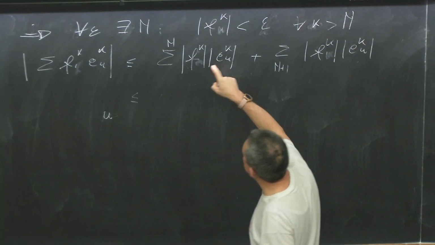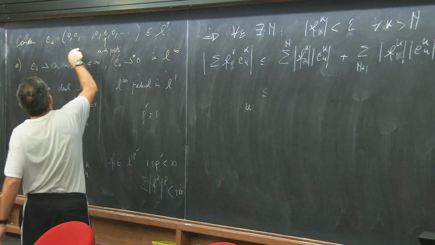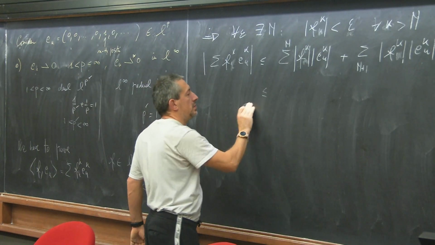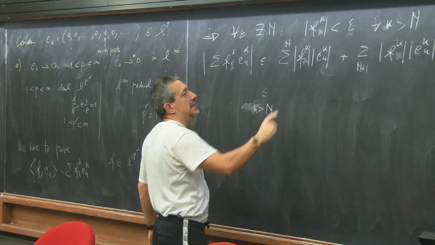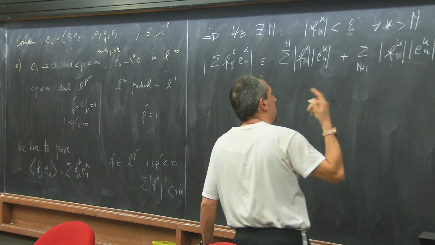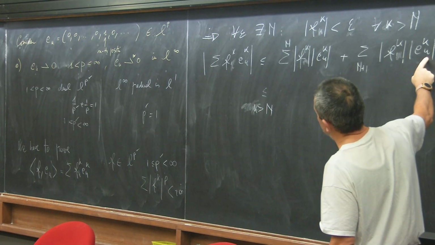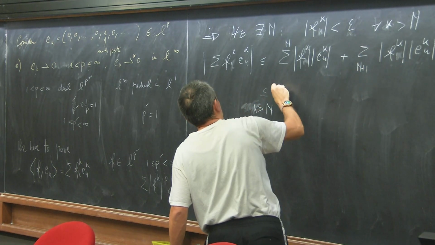Now if n is larger than capital N, you see that this part is 0. So what is left is the rest, and the rest is the L1 norm of this times the L infinity norm, which is epsilon. So it's less than epsilon.